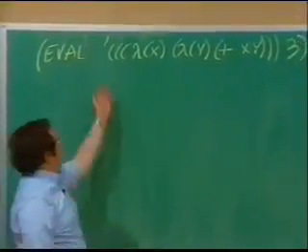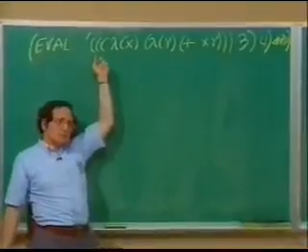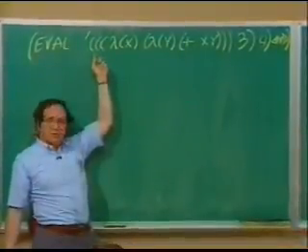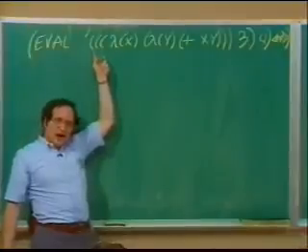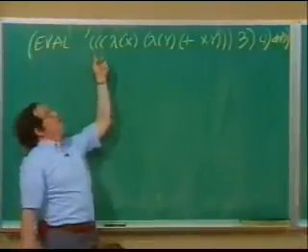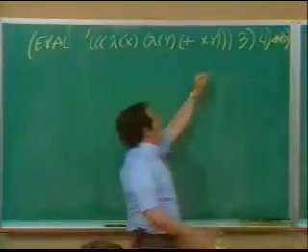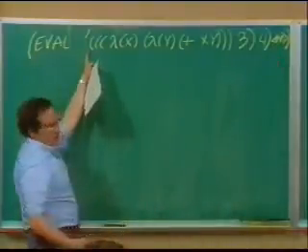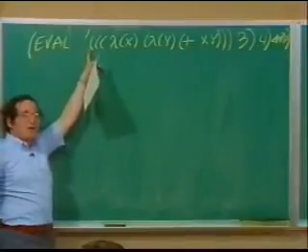Now what does it mean to do this evaluation? Well, we go through the set of special forms. First of all, this is not a number. This is not a symbol. It's not a quoted expression. The question is whether or not the thing which is quoted is a quoted expression. I'm evaluating an expression.